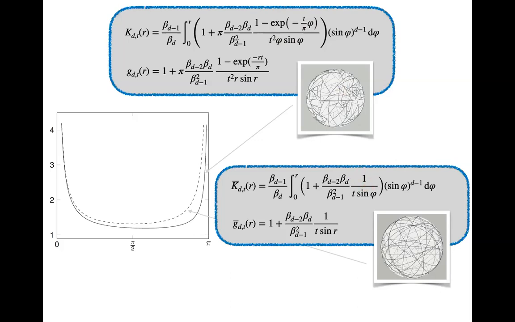This is just a 1 because we don't truncate. Then there is a t times sine of t, which comes here. And then this here is just a Jacobian when we transform into spherical coordinates. And what you can see is that these two simple characteristics are different, and they allow us to distinguish between these two tessellation models.